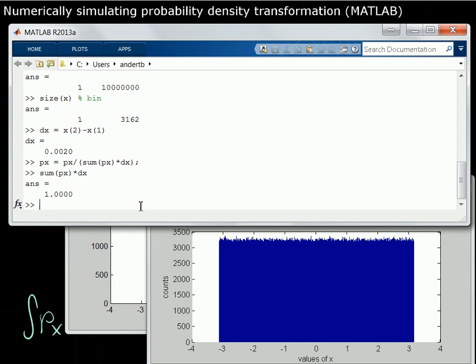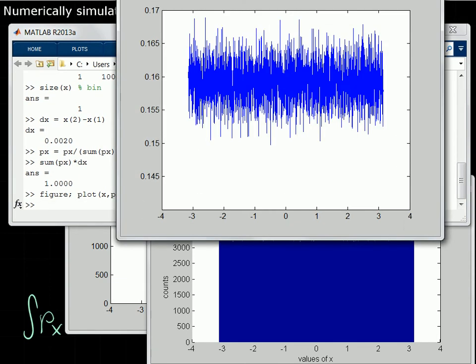So if I were to plot this modified p of x, that's essentially what I see here.